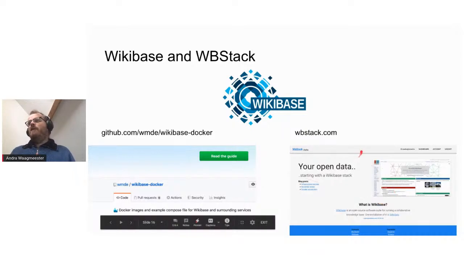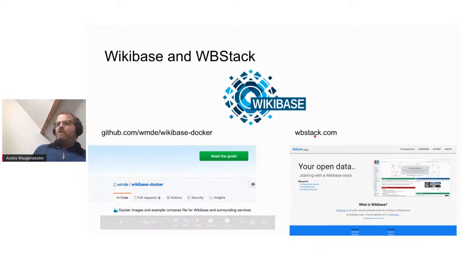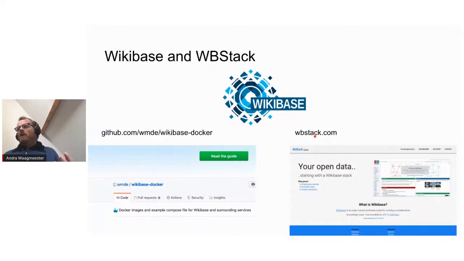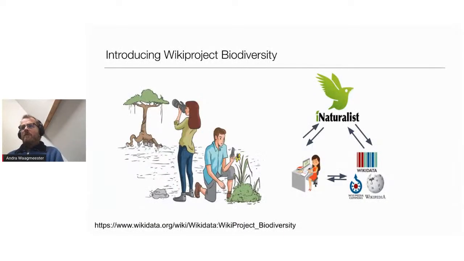And there is a recent very interesting project going on called WBStack, which works a bit like GitHub: you can deploy your own Wikibase there without having to rely on Docker or other system administration skills, and start hosting your own Wikibase.